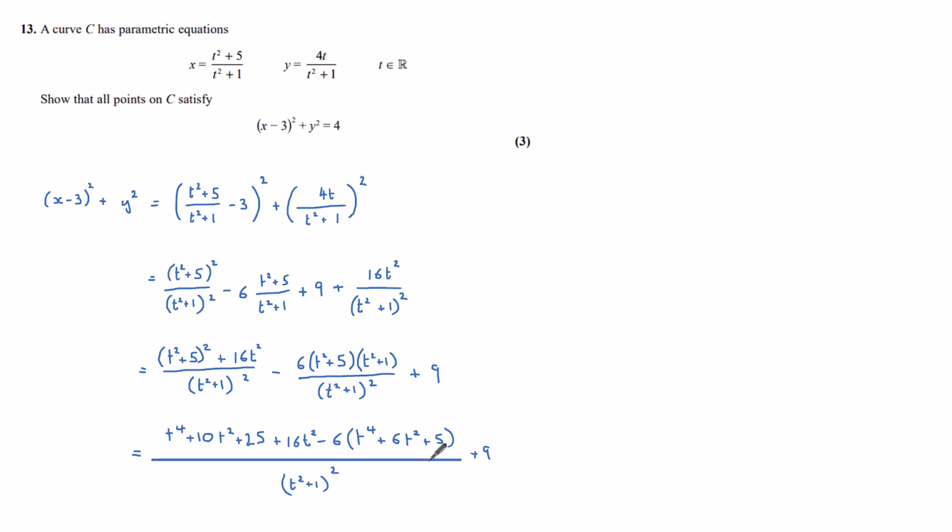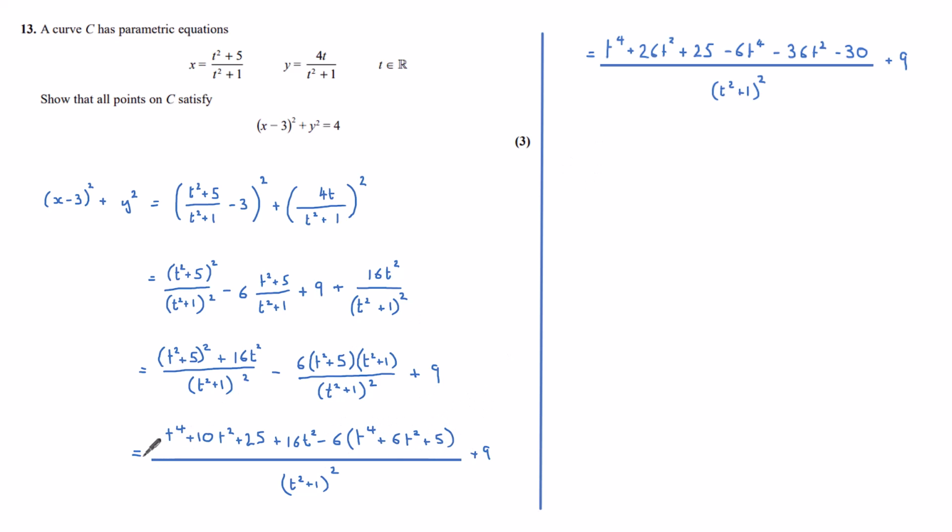Now let's expand this bracket. So that gives me t to the power 4 plus 26t squared plus 25, minus 6t to the power 4, minus 6 times 6t squared is minus 36t squared, minus 6 times 5 is minus 30, all over (t squared plus 1) squared, plus 9.